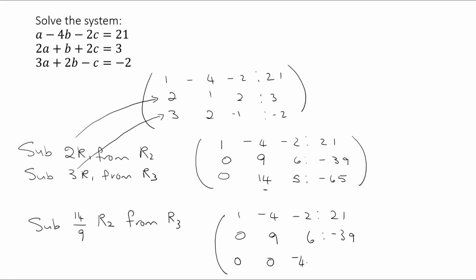Now you can see I used my calculator here. That doesn't matter. Okay, so the next step was to rewrite it as a matrix again. But we've got that triangle of zeros.